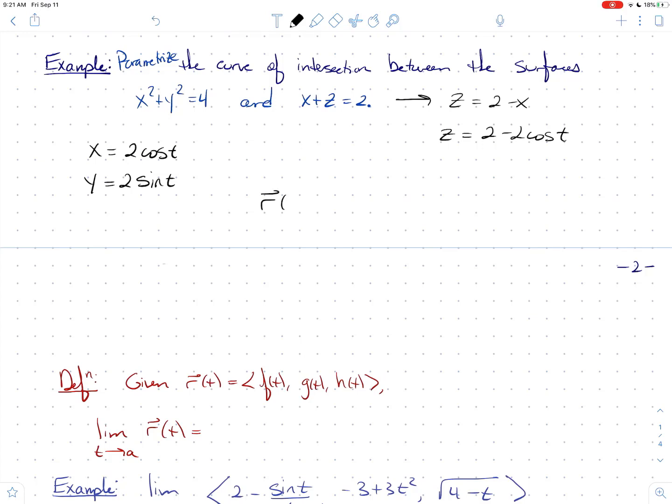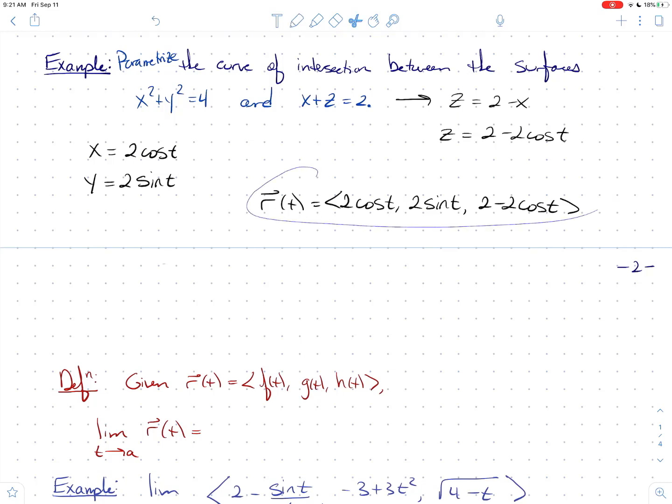So r of t equals 2 cosine t, 2 sine t, 2 minus 2 cosine t.